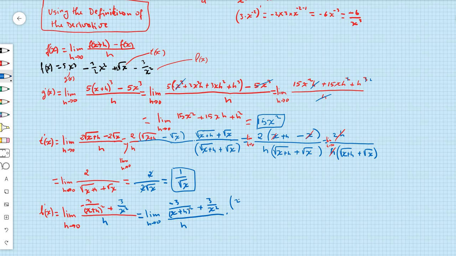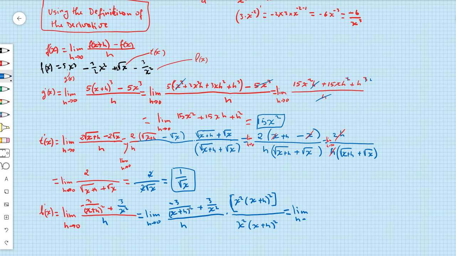So we'll do x squared times x plus h squared, and do that same thing down here. Right, so now once you have that, you can go ahead and simplify everything out.